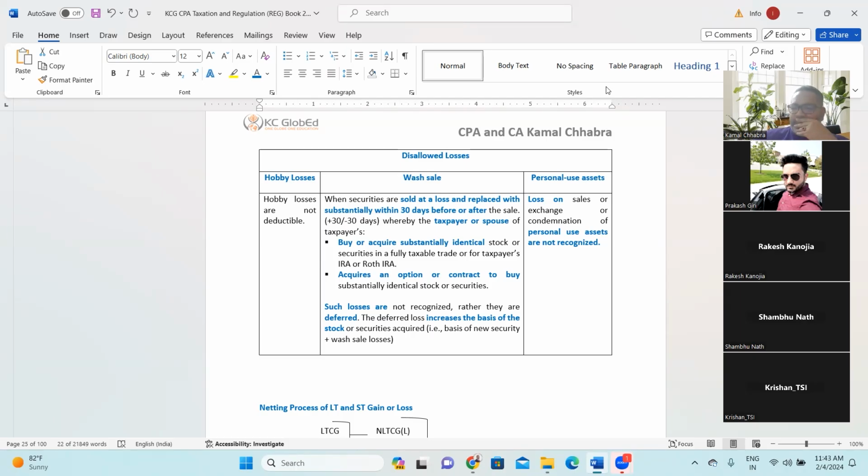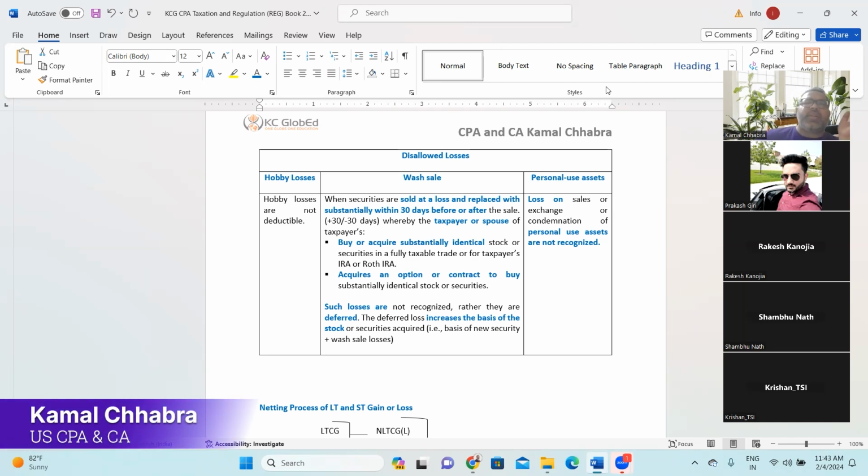Second, if you look at the right hand side, is personal use asset. Most students get confused with personal asset or personal use asset. If you remember yesterday, we discussed there are two types of assets, real property and personal property.